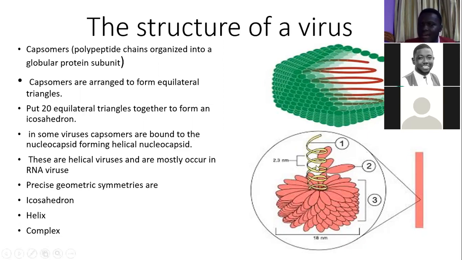And these are the helical viruses. We have another group that are complex. They don't have this icosahedral shape, and they don't have this helical shape. We call them complex viruses. So basically, we have three major structures of a virus. A virus will come as icosahedral, helical, or complex. As we go down, we'll be able to know some of the helical viruses, the icosahedral viruses, and those others.